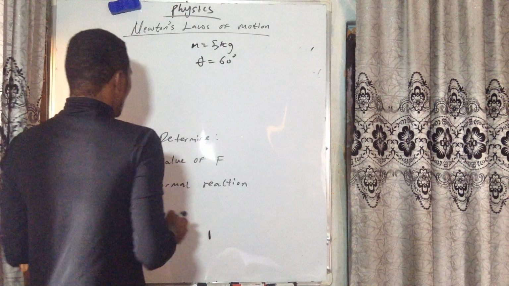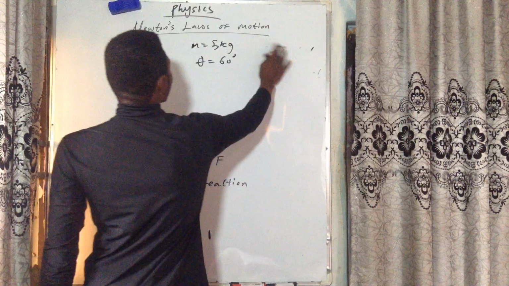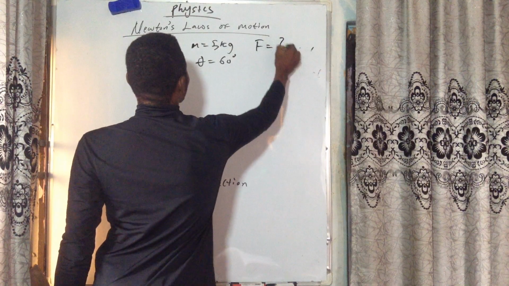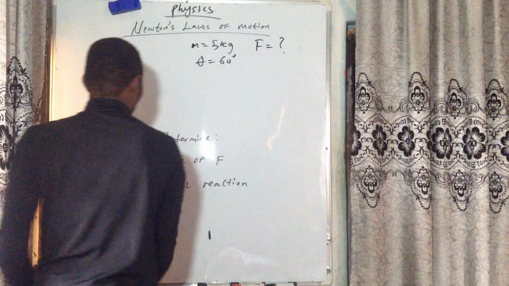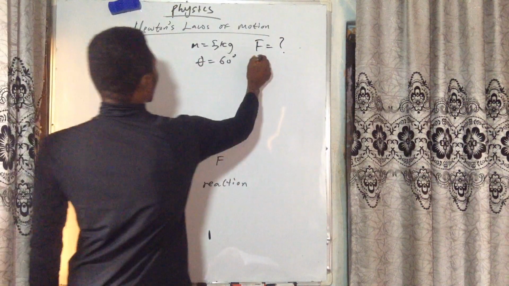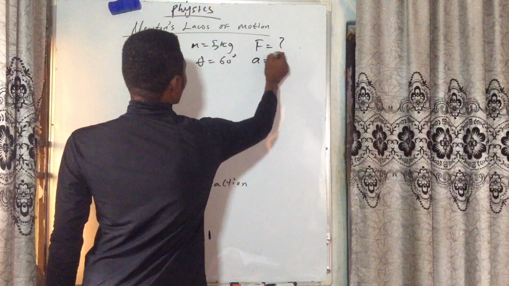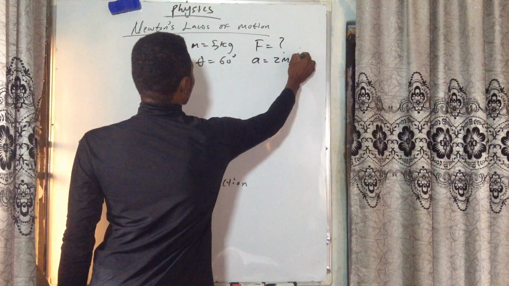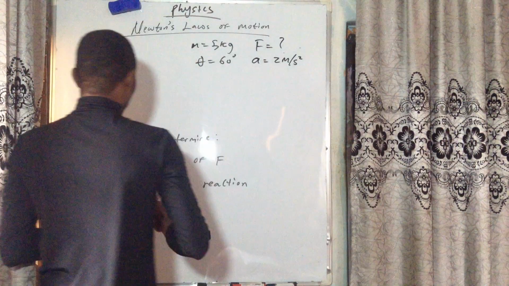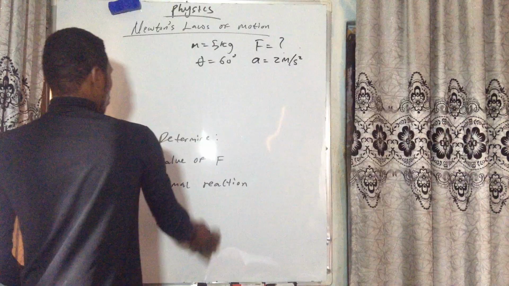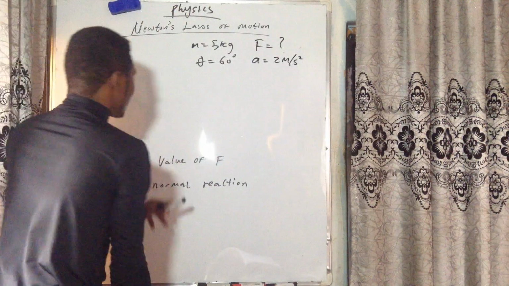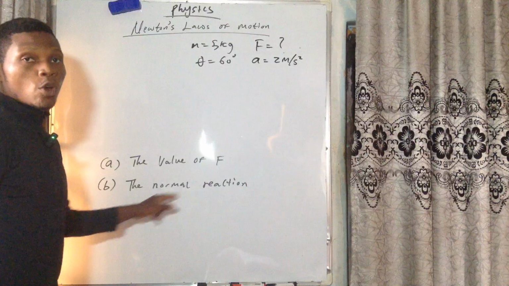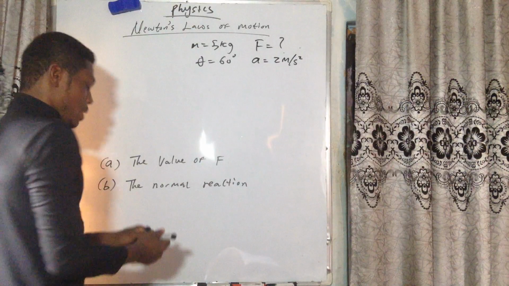We are determining the value of F. The acceleration is 2 meters per second squared. So let us solve this question. We are determining two things, the value of F and the normal reaction.